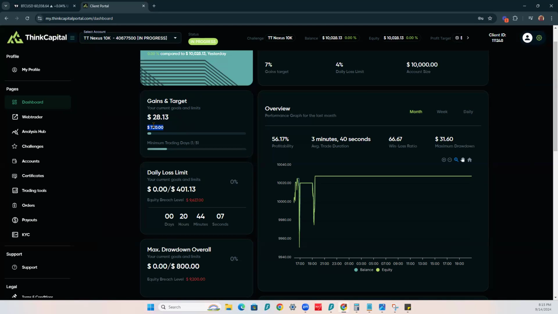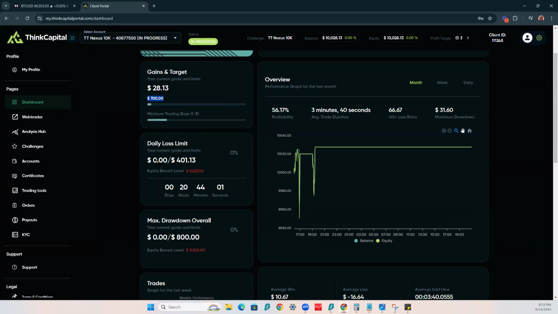So I have to make $700 in order to pass phase one, and I can't lose more than the daily loss limit, which is $401.